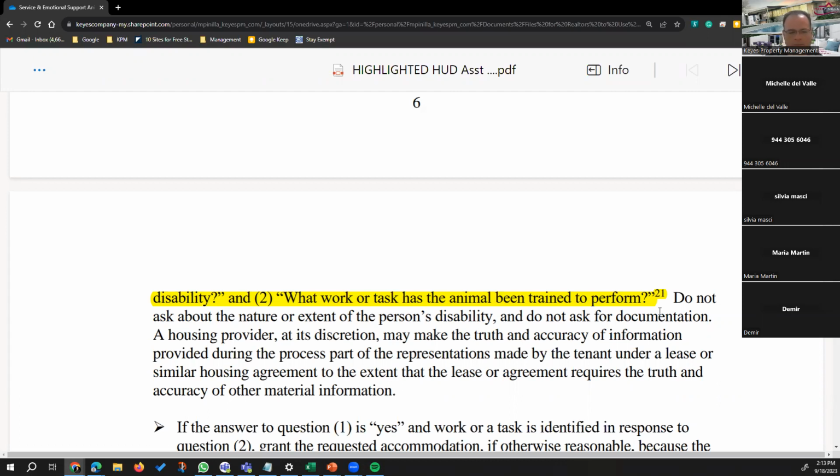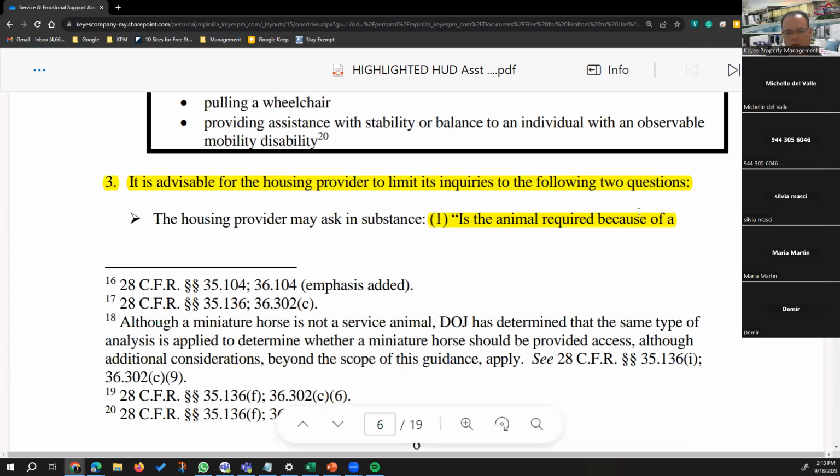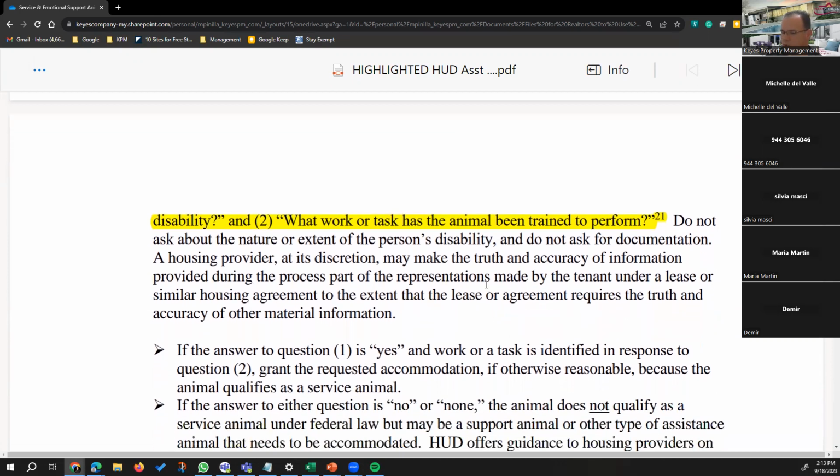You don't want to do that. All you want to say is, what work does it do? And does it help you with a specific disability? Because, is it required because of a disability? If they can answer those questions clearly and thoughtfully without any issue, then again, the housing provider, which is the owner, should allow that animal, that dog, to come into the property.